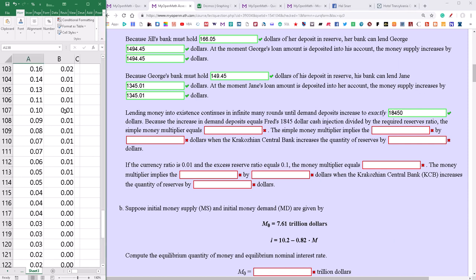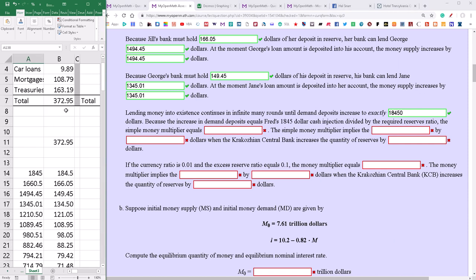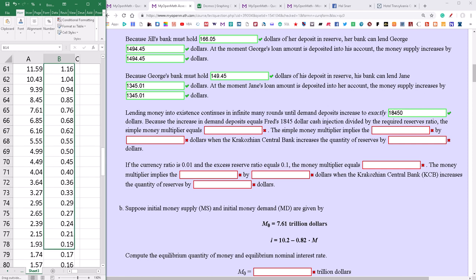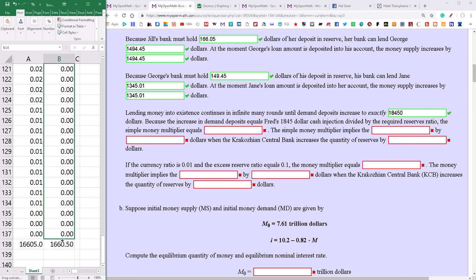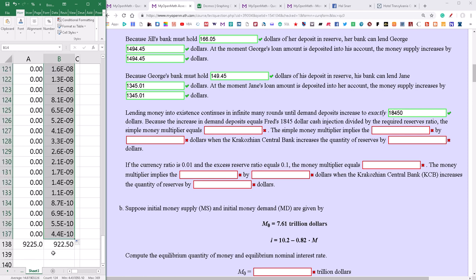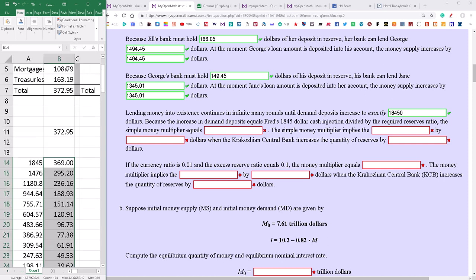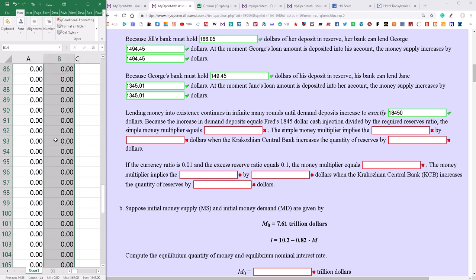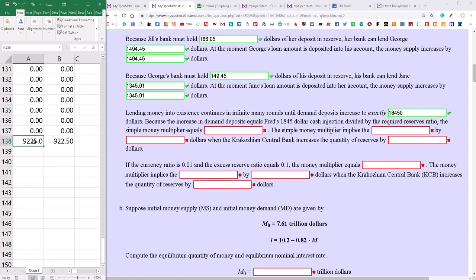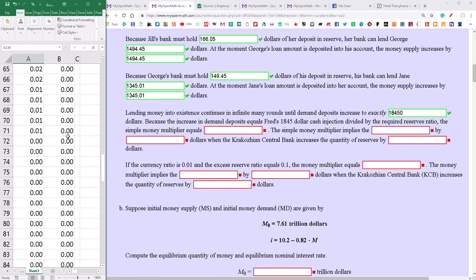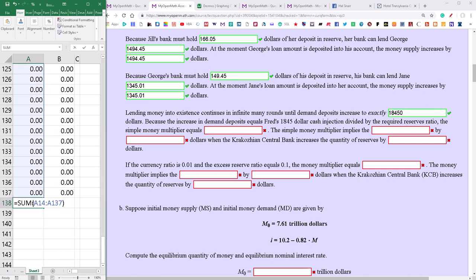Okay, so that's why the multiplier here is 10. If the reserve requirement ratio had been 20% instead, I can change this to 0.2, and then I can pull this all the way down to the bottom here. And then I'll change this to just a number with 2 decimal places. And the sum of this is what?